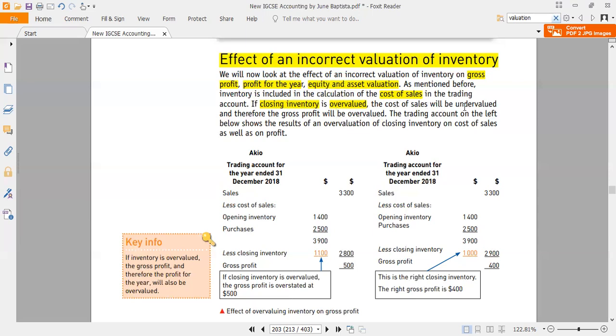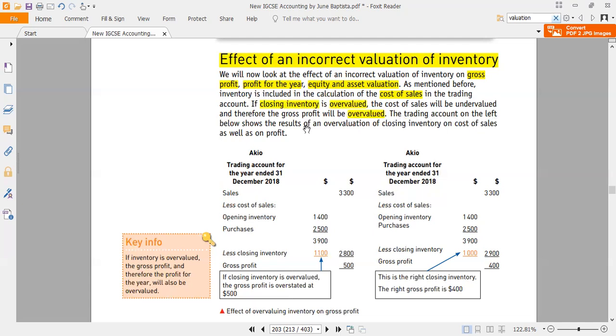The cost of sale will be undervalued and therefore gross profit will be overvalued. So if closing inventory is overvalued, profit also will be overvalued. If closing inventory is undervalued, that means your profit will also be undervalued.